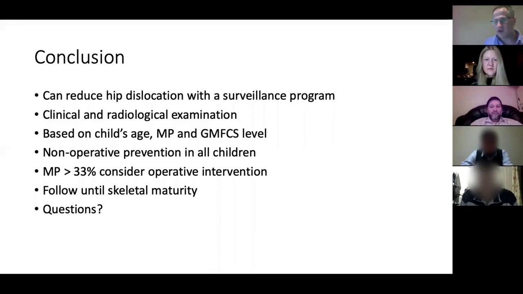Also, the rationale behind why valgus position of the hip deformities and acetabular deformity, as Nikki correctly pointed out, they are normal at birth, but they progressively get worse.